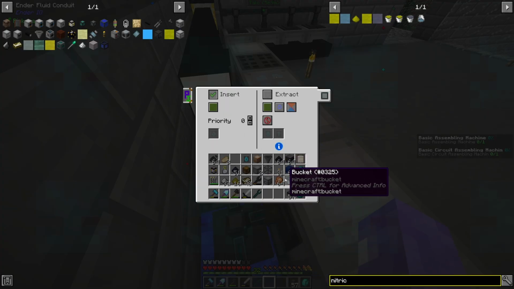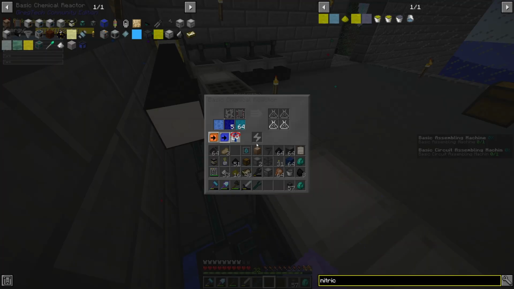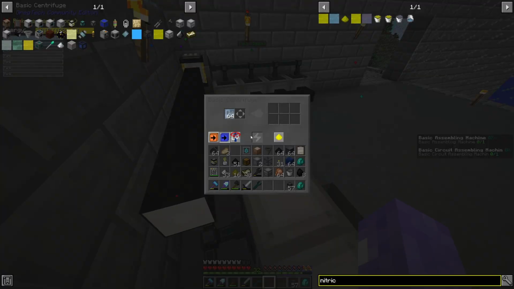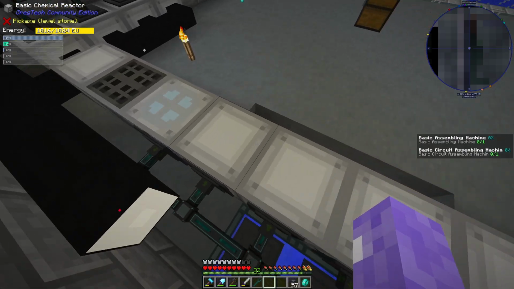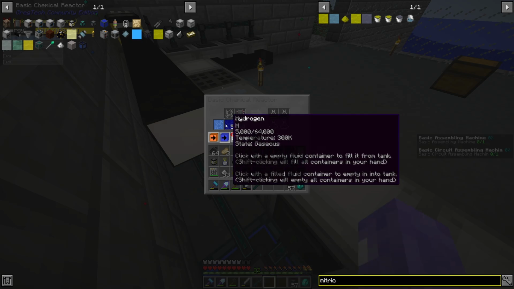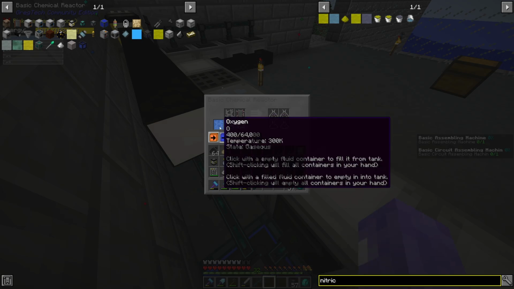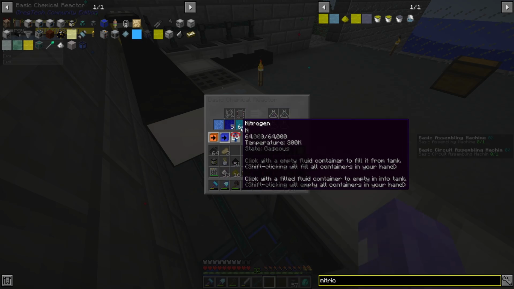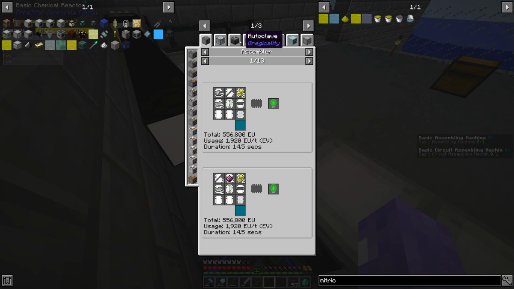Okay, so we need to have another filter set to the insert here with nitrogen, oxygen, and what were we making here? Oxygen, nitrogen, what was the third input here? A chem reactor.